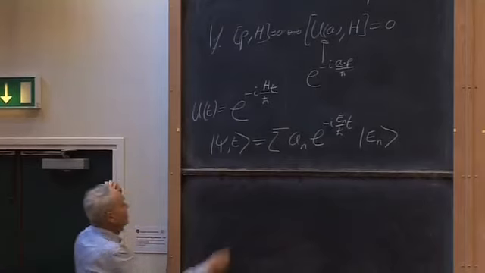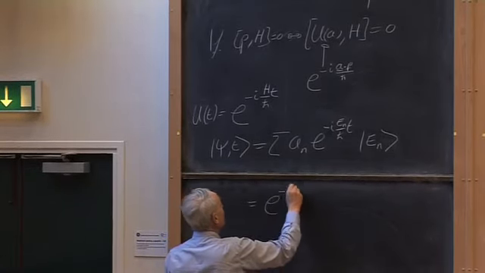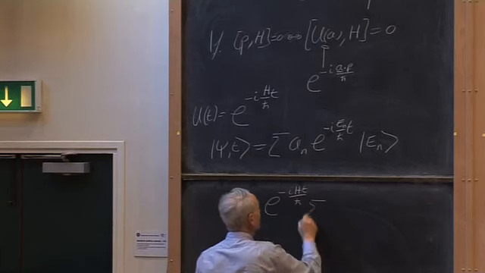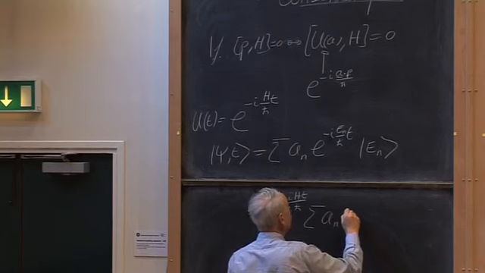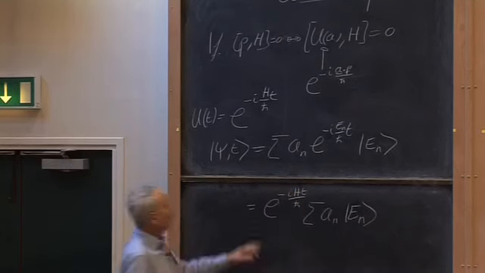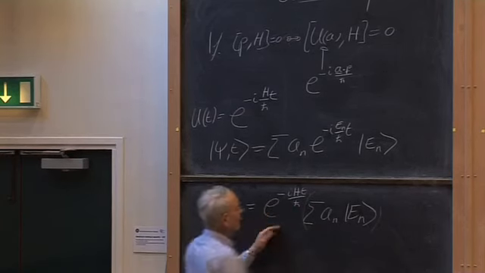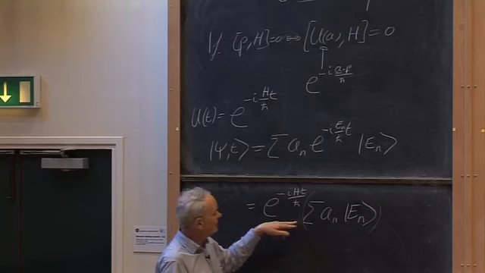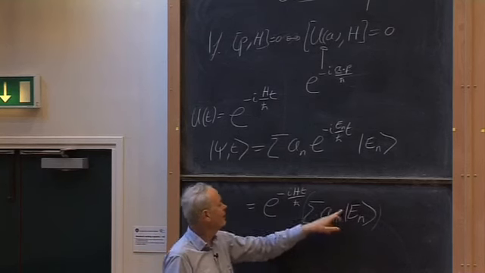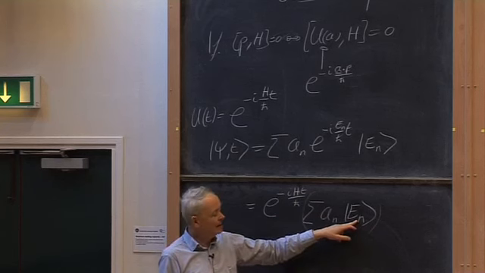But we can see that this can also be written as e to the minus i H t upon h bar times the sum a_n |E_n>. Because this is a linear operator, it can be distributed and pass through these a_n and look at each one of these things. Then H looks at its eigenket |E_n>, and it says, aha, that's my eigenket E_n.